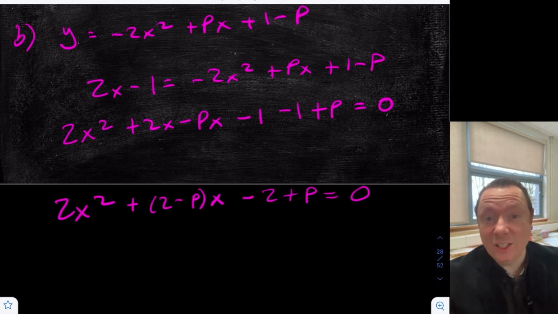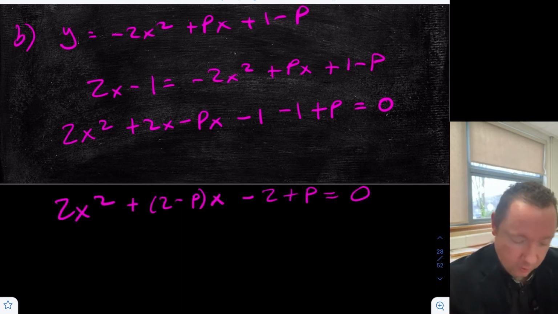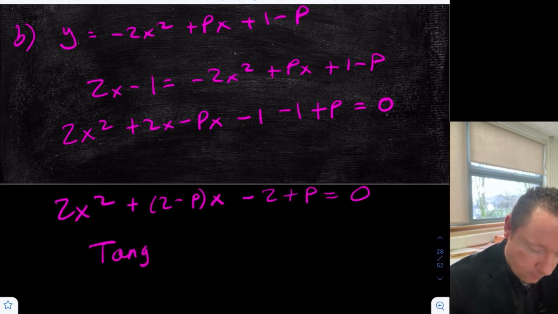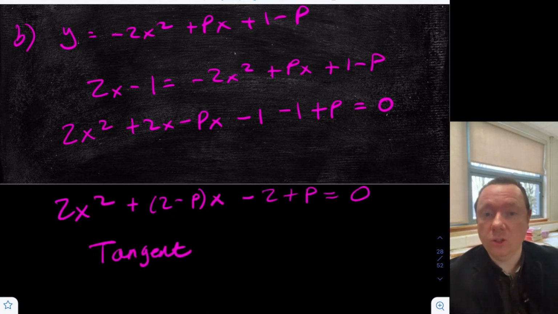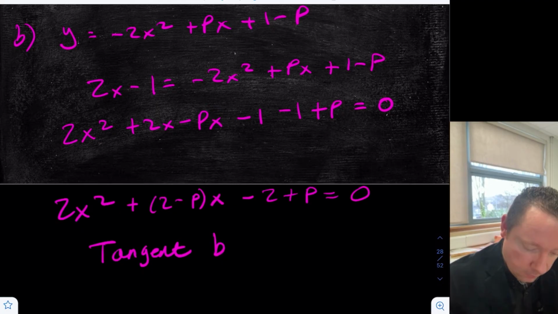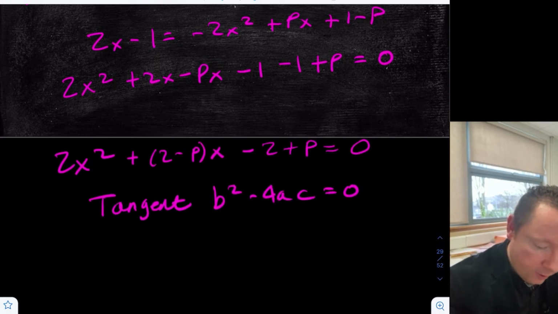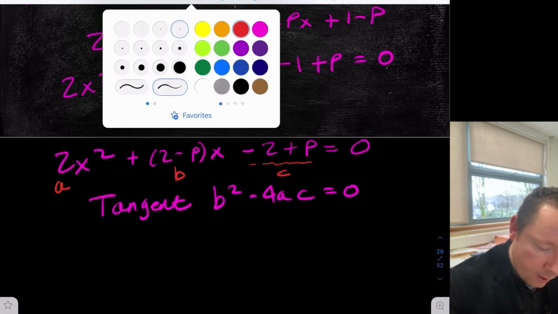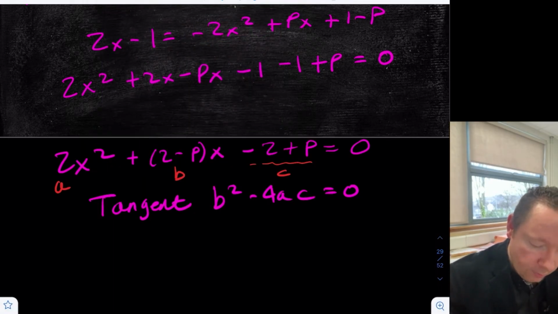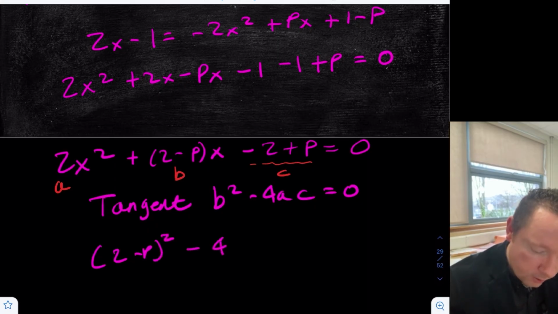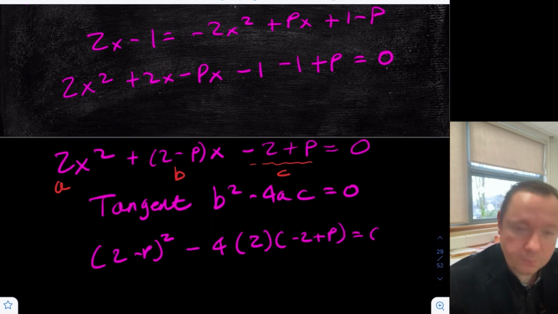Now if it's a tangent, b squared minus 4ac equals 0, because it only has one solution. So that means we can say, remember, that would be our a, this would be our b, and this whole thing here would be our c. So we can say that we've got (2 minus p) all squared minus 4 times 2 times (minus 2 plus p) equals 0.